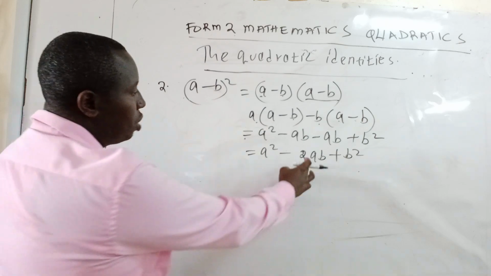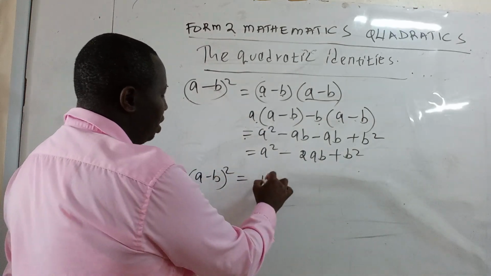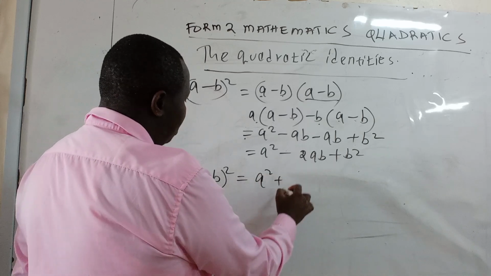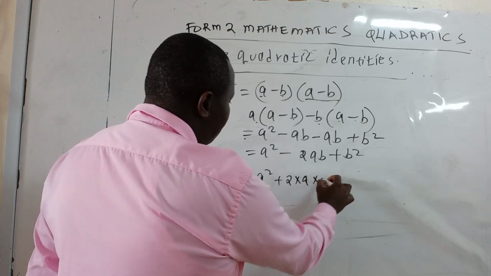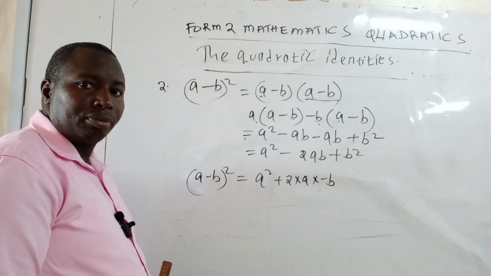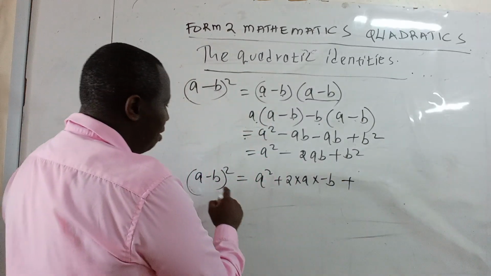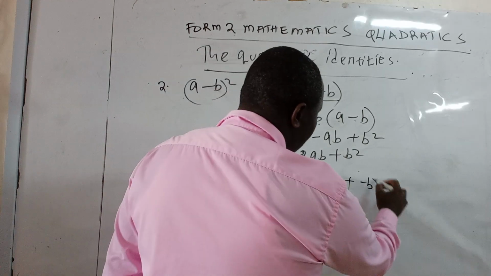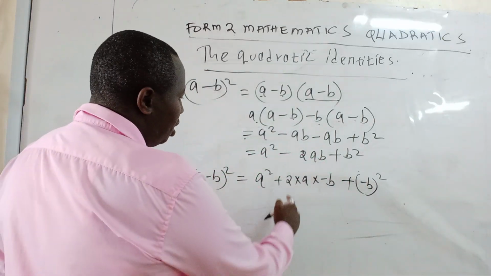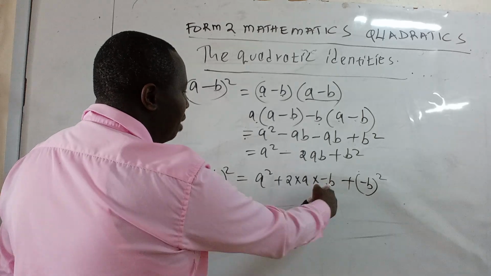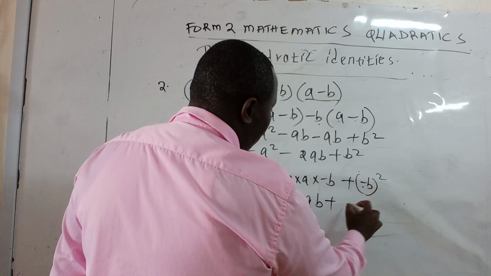Directly using the quadratic identity, it is a squared plus 2 times a times minus b, plus minus b squared. Then you simplify: 2 times a times minus b becomes negative. So it is a squared minus 2ab plus b squared.